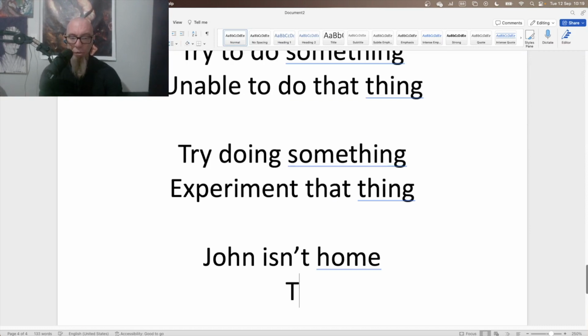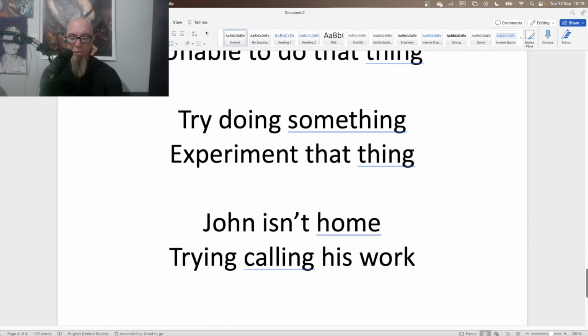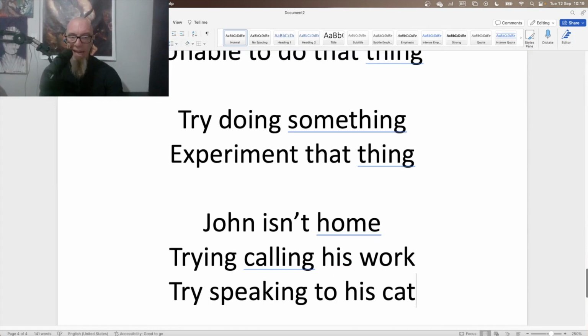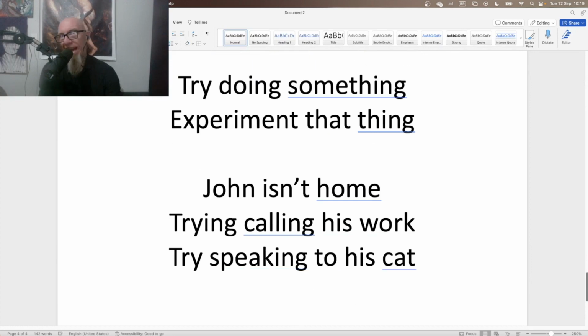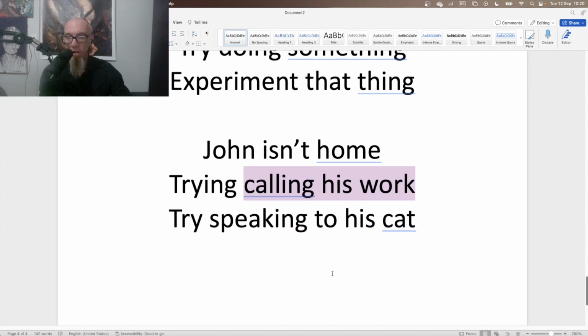Well, okay, we'll try calling his work. Try speaking to his cat, because the cat knows where you are. So try these actions, and then maybe you'll have the result that you're looking for.